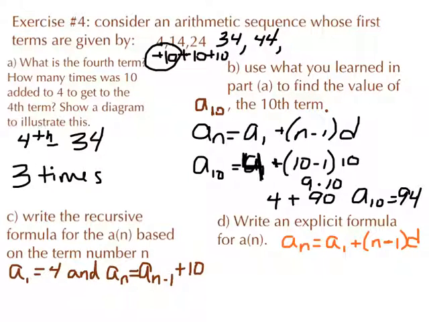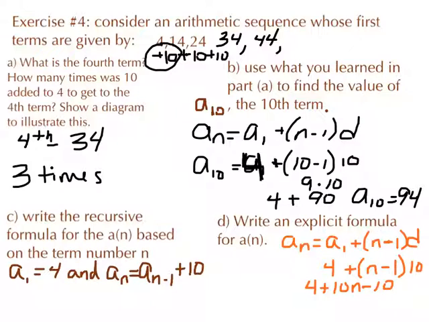So a sub 1 is going to give me 4. I don't know what term I'm looking for, so it's just going to stay n minus 1, and it's going to give me 10. I'm going to now multiply the 10 in. It's going to give me 4 plus 10n minus 10. 4 minus 10 is going to give me negative 6.